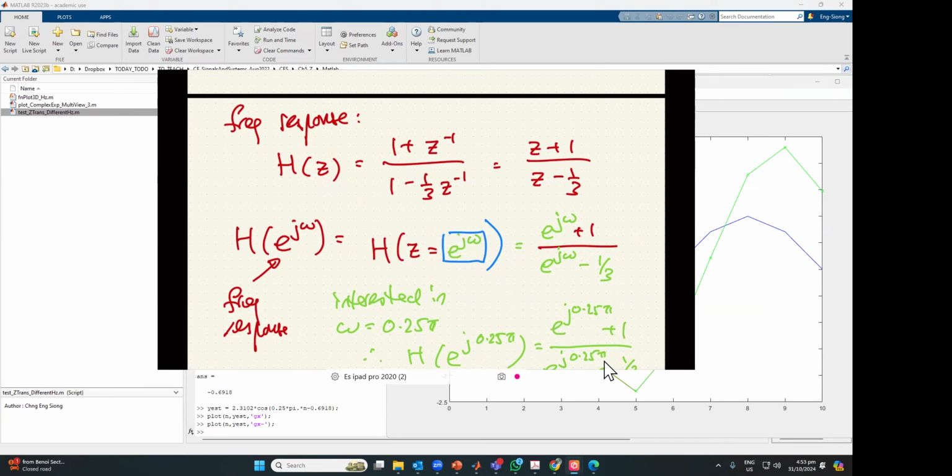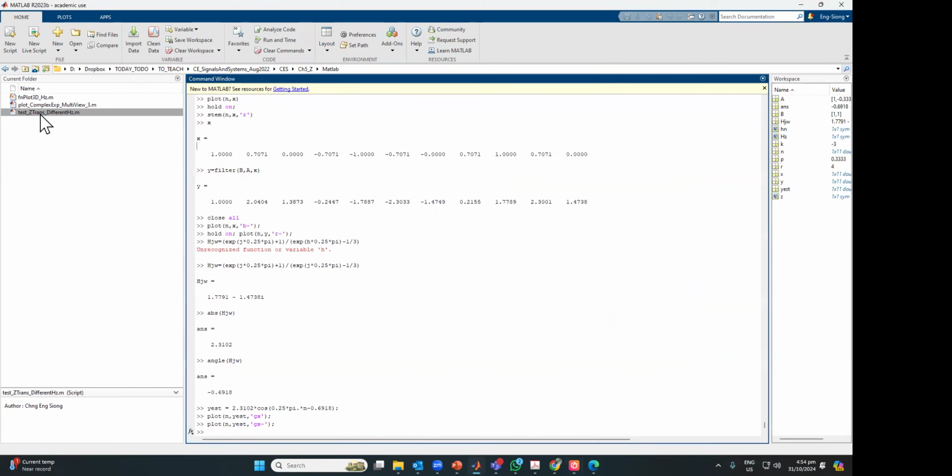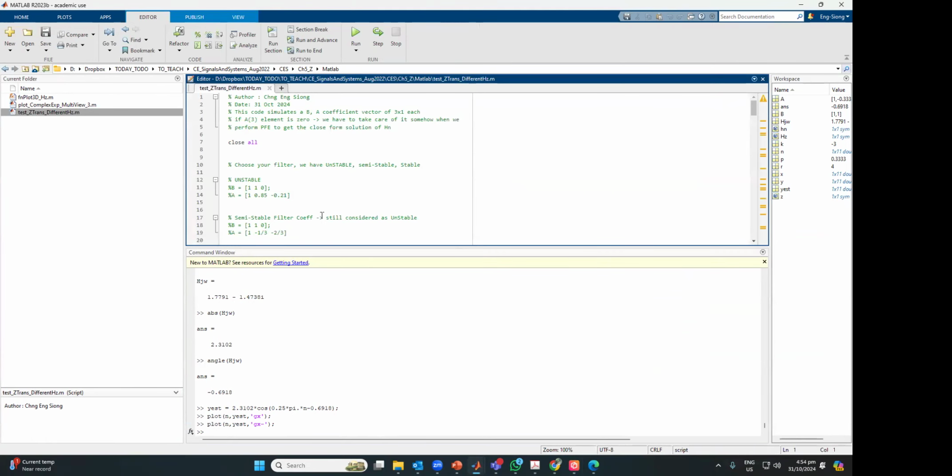I'm only interested in one point at 0.25 pi. So now if I'm going to ask you to plot for me all the omegas from 0 to 2 pi, then all you are doing is writing a for loop. That's all. Okay? So in fact, I will show you my answer. What's my equation?